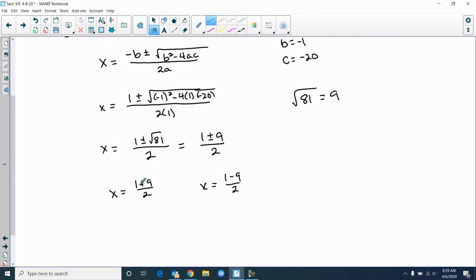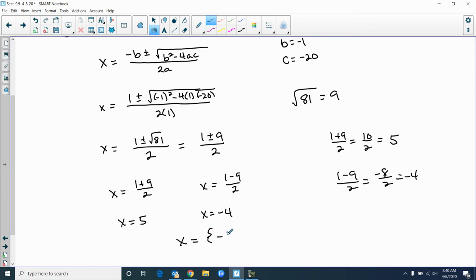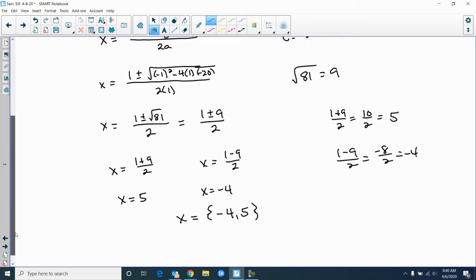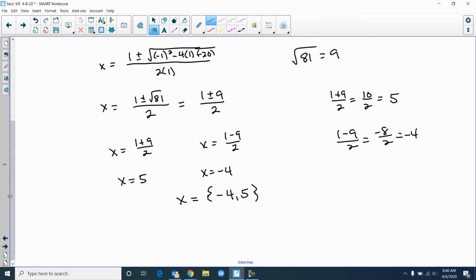Well, 1 plus 9 is 10, and 10 divided by 2 is 5. 1 minus 9 is negative 8, and negative 8 divided by 2 is negative 4. And so I get two answers, negative 4 and 5.